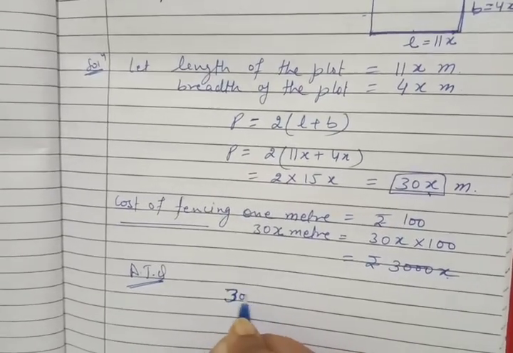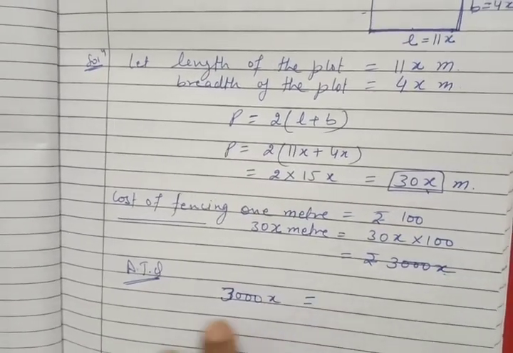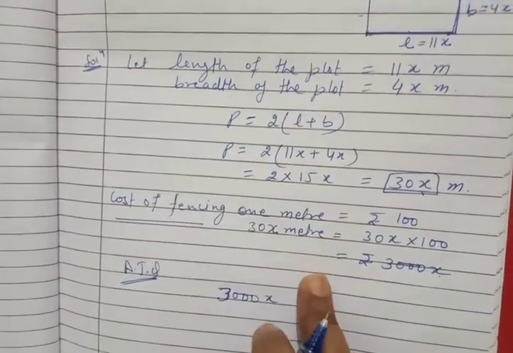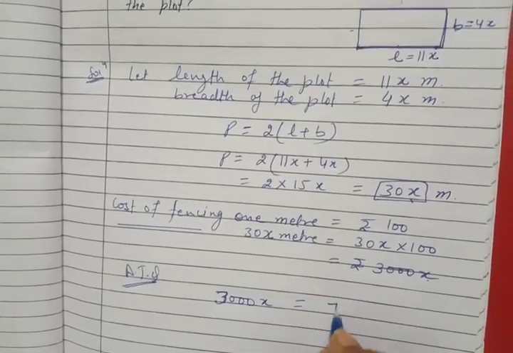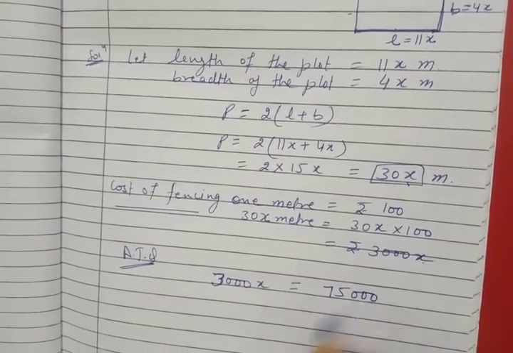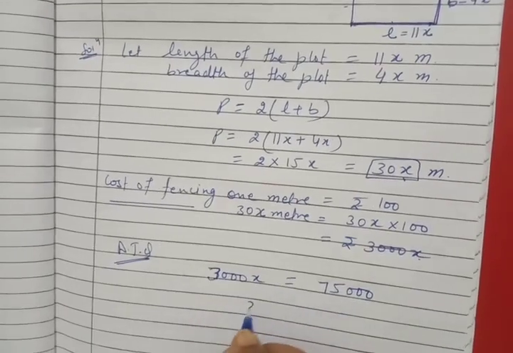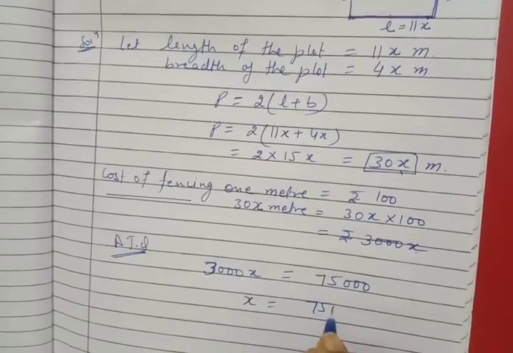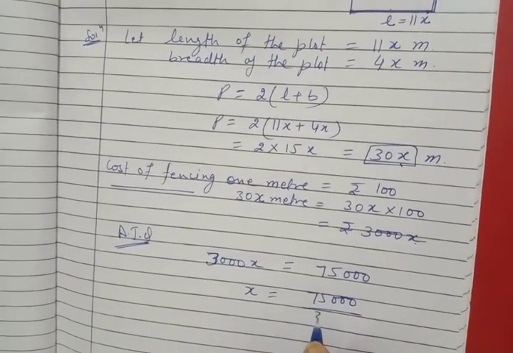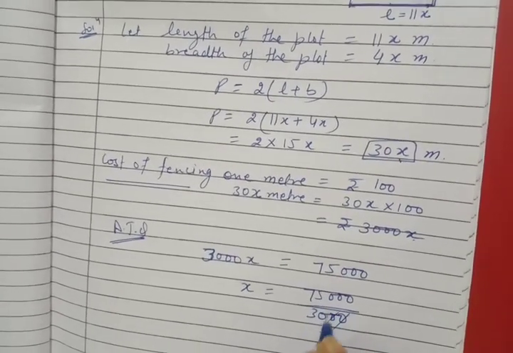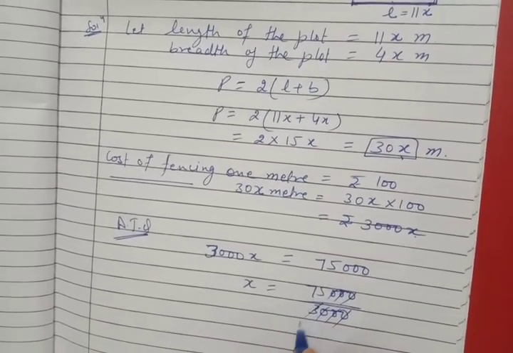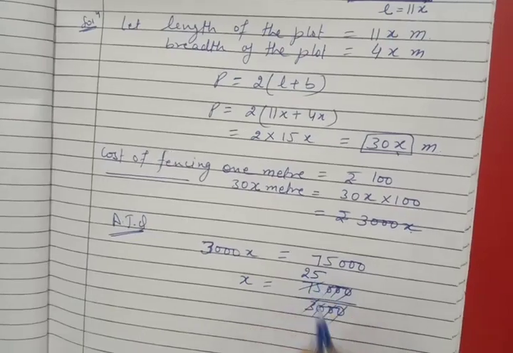So according to the question, total cost is given. So this 3000x is the cost we have found with the help of calculations, and this is the total cost given in the question. So both are equal. x is equal to, this 3000 will go in division, these zeros can be cancelled, and with this 3 we get 25.